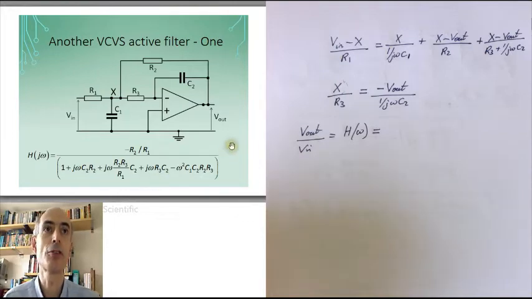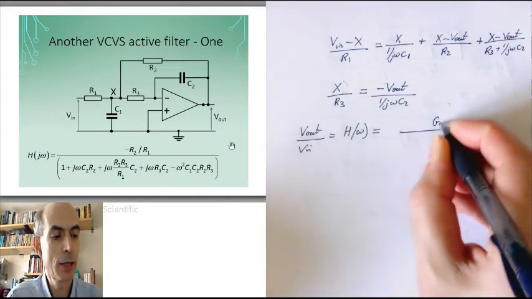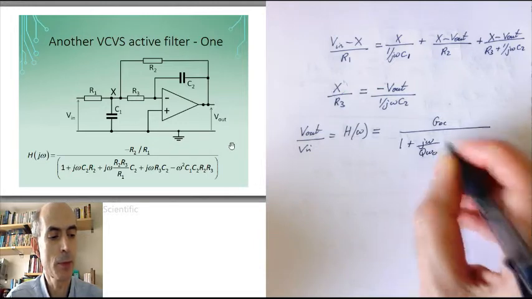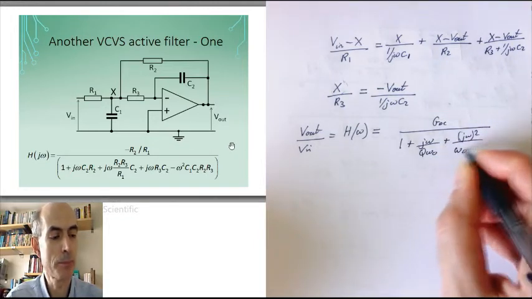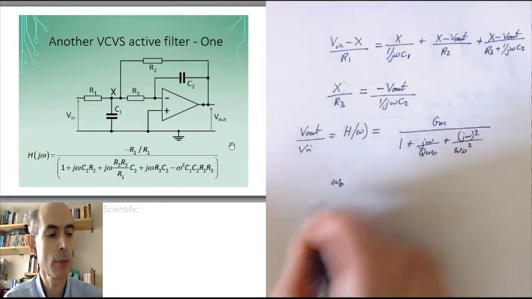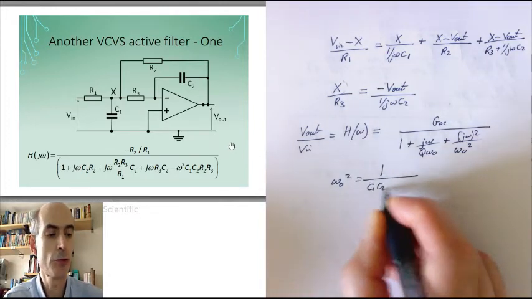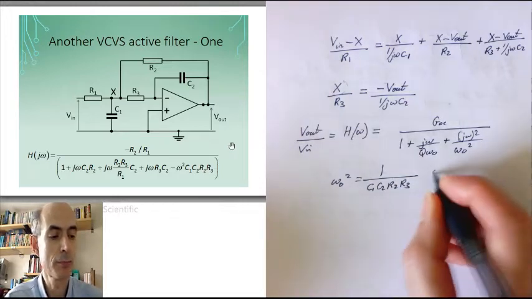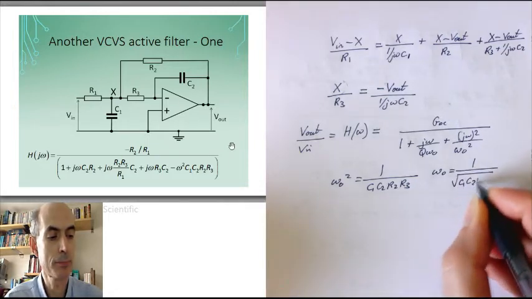And comparing this to the standard form of a second order response, the gain at DC over 1 plus j omega over Q times resonant frequency plus (j omega) squared over the square of the resonant frequency, we can see that the resonant frequency, omega naught squared, must be 1 over C1, C2, R2, R3, and therefore the resonant frequency is 1 over the square root of that lot.